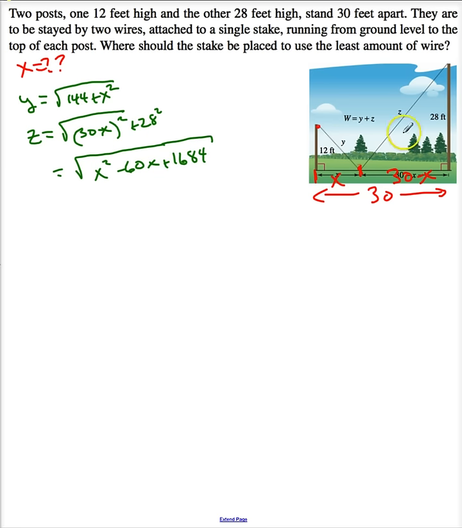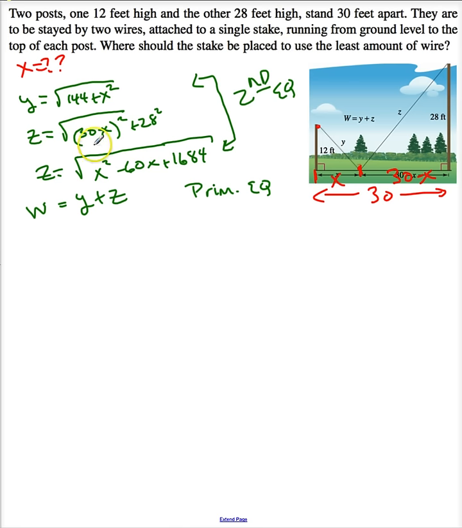What other equations do we have? Well, I don't like w, but we'll use it anyway. Let's let w equal y plus z. Now, this is my primary equation, and these two are my secondary equations. That one and that one are the secondary equations.